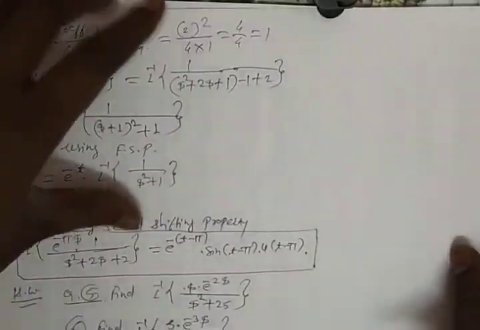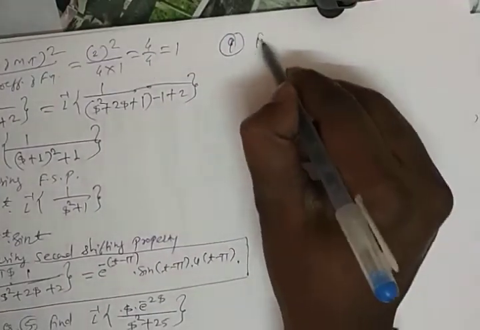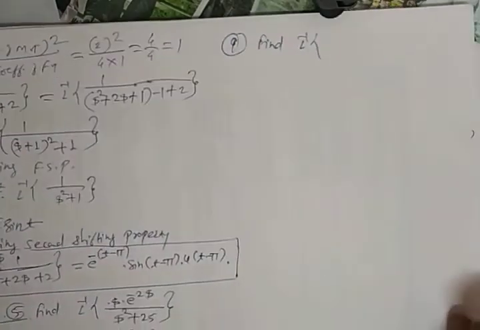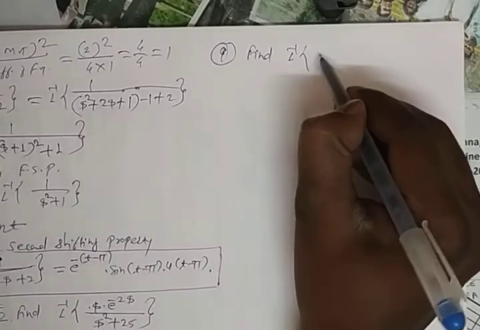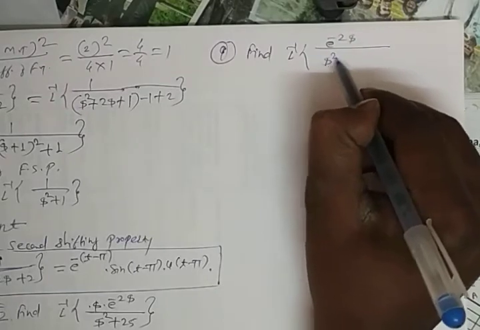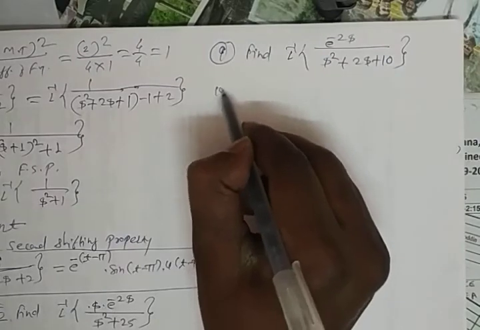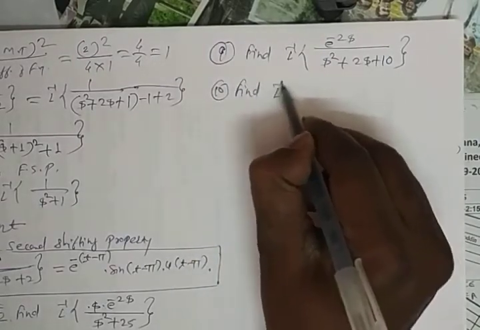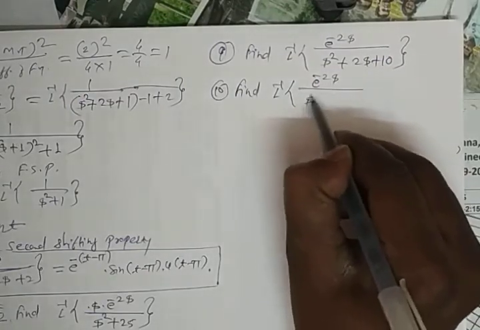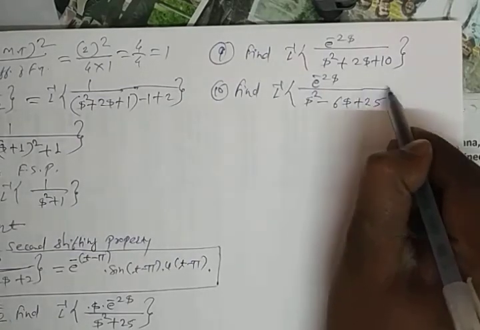Example number 9, you can take for homework. Find Laplace inverse of e raised to minus 2s upon s square plus 2s plus 10. Find Laplace inverse of e raised to minus 2s upon s square minus 6s plus 25.